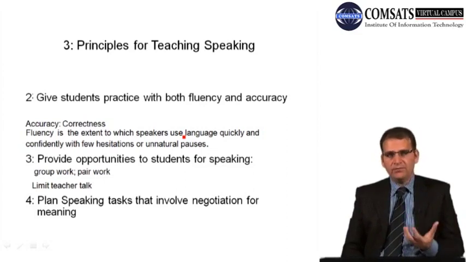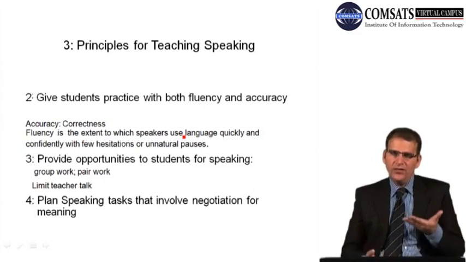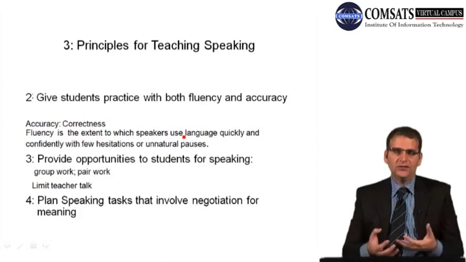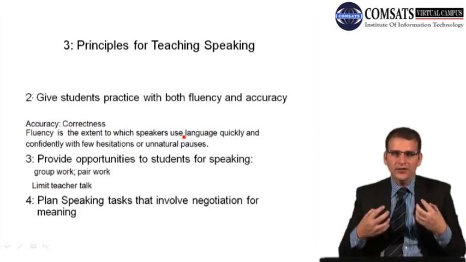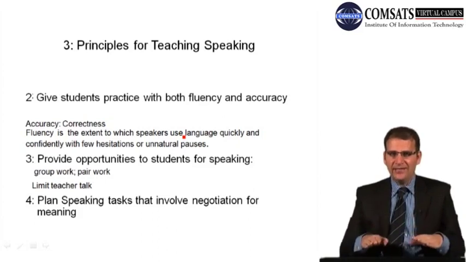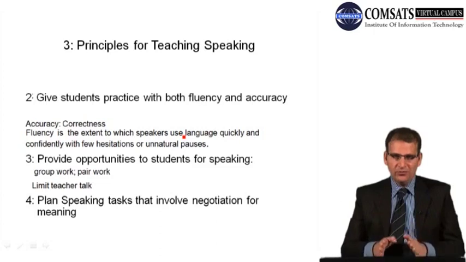Some people are of the view that we need to focus on accuracy, that the speaker should be accurate. But if you want both accuracy and fluency in your learner simultaneously, the learner would be in trouble.